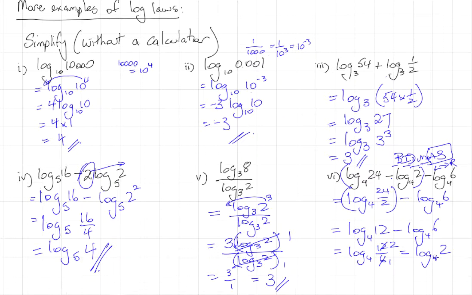You can ask yourself, log to base 4, well, we've got 2 as a base, is log to base 4 of 4 to the power of 0.5. 0.5 is a square root, and the square root of 4 is equal to 2. So 4 to the power of 0.5 is another way of writing the square root of 4, which is 2.